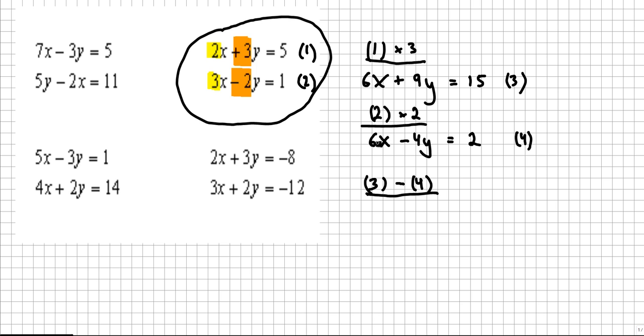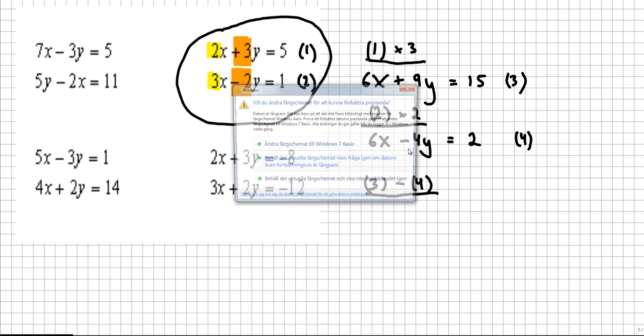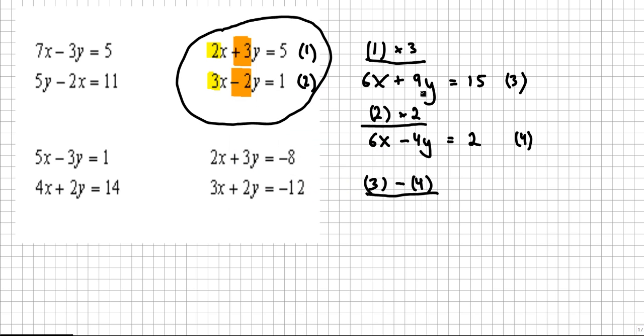6x minus 6x is nothing. We're not even going to write 0x. Just going to leave a space. 9y minus 4y. Don't make the mistake of writing minus here, because 9y minus minus becomes plus.